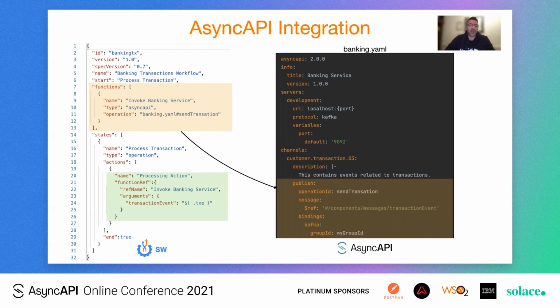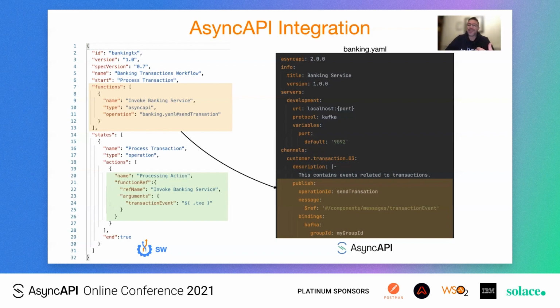So we see here in our function definition that we have a domain-specific name, which is called invoke banking service. And each function definition has a type. In this case, the type is AsyncAPI. So your runtime, when it wants to invoke this function, knows exactly that we're dealing with AsyncAPI definitions here. And then we have the third parameter called operation.